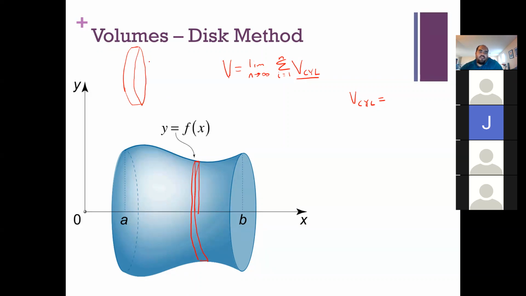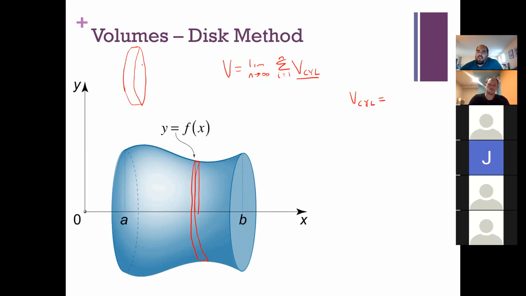Or if we don't remember, a cylinder is a specific type of prism. And what I mean by prism is, a prism by definition is any 3-dimensional shape that no matter where I take a cross section of it, it would look the same. So a cylinder, no matter where you take a cross section of it, you're going to get a circle, and no matter where you slice it, you're going to get the same size circle, same radius.